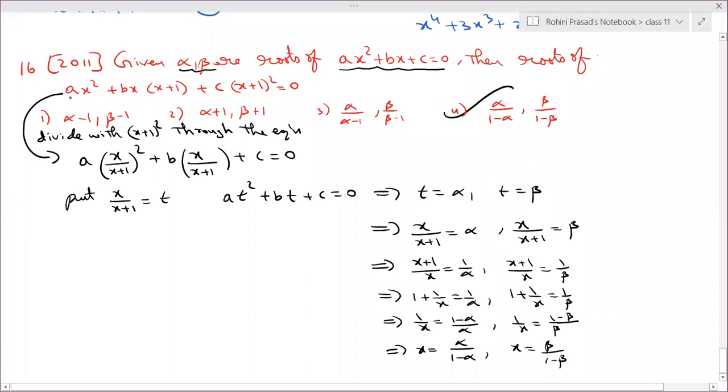So why, after looking at this equation and to get that into the form of ax square plus bx plus c, we divide the entire equation by x plus 1 the whole square throughout that equation. Then we get this equation straight away.